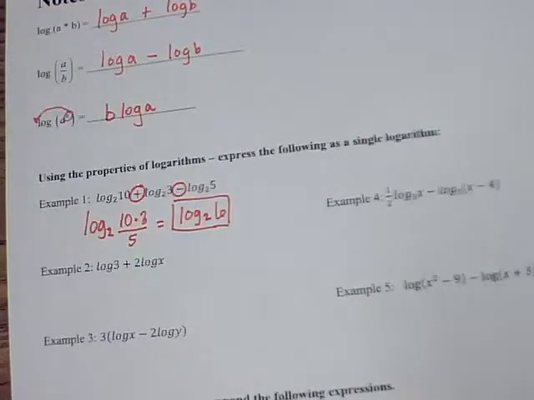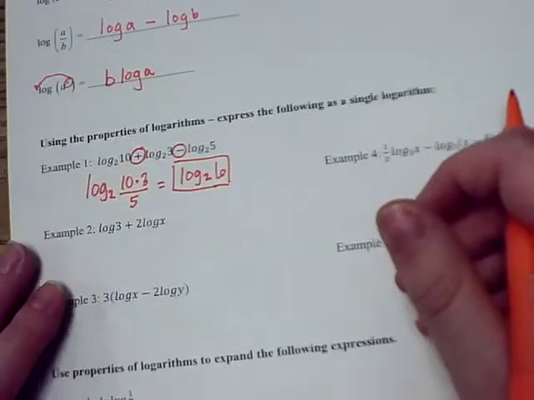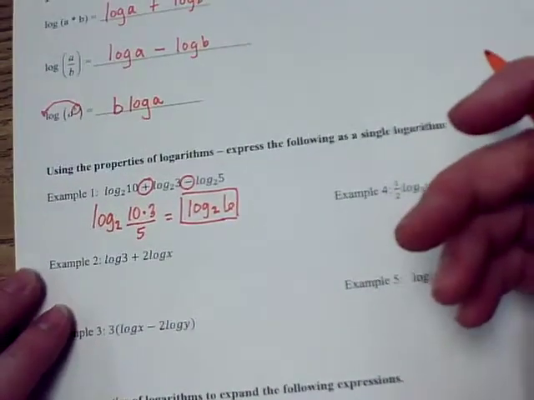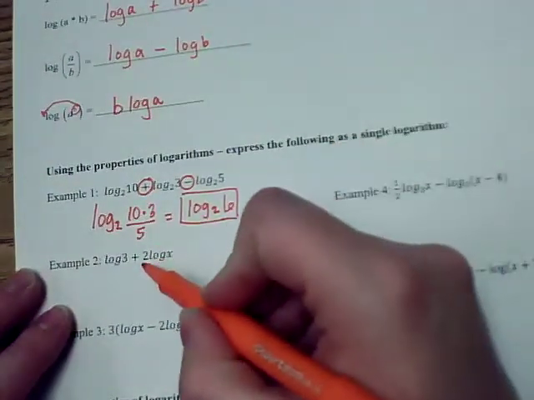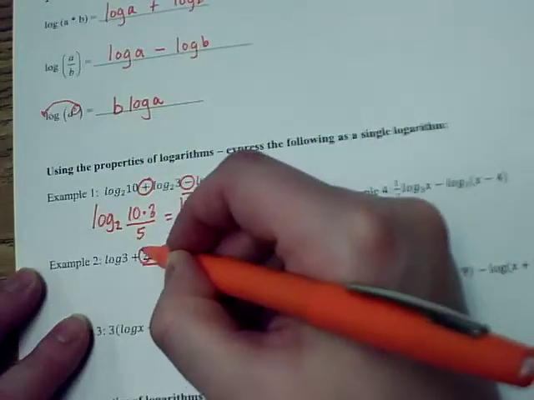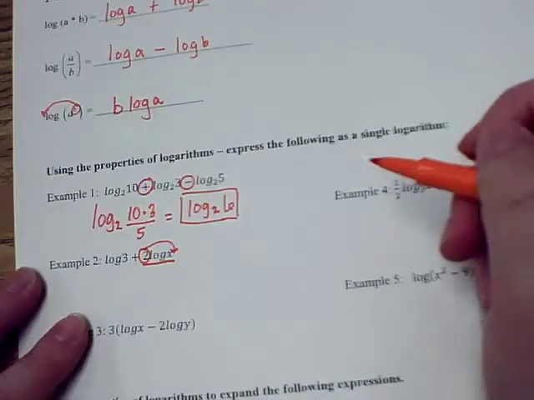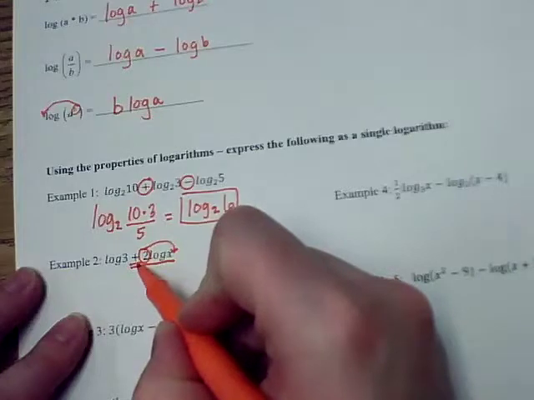All right. Example 2, I have log 3 plus 2 log x. So if I look, this piece right here looks like the last property. So that means that 2 was an exponent on the x. So I need to make that so. Okay, then I'm going to look at the operation here. So I have a plus.